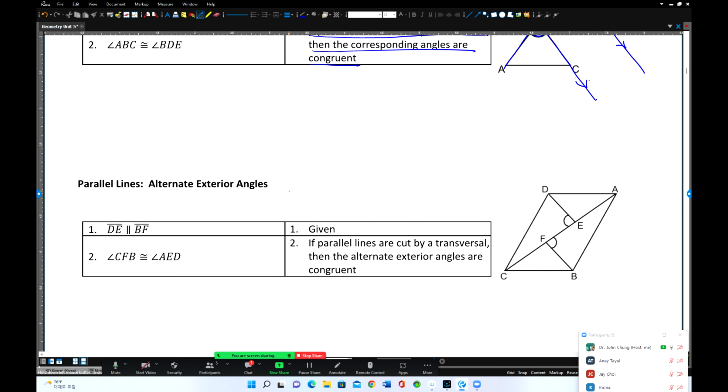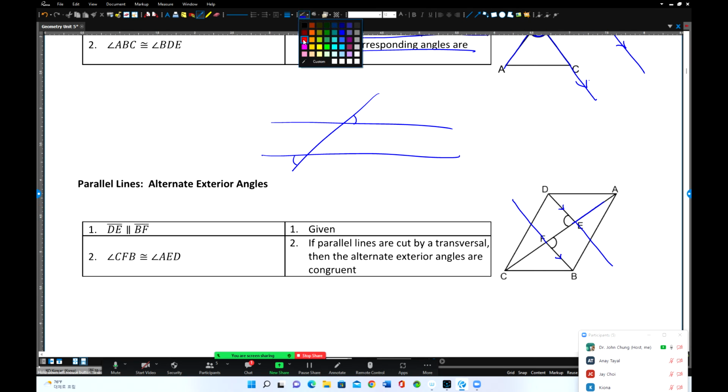The next one is the alternate exterior angles. We already did that. Opposite sides, that is alternate exterior angle, outside the parallel lines. DE and FB are parallel. We can expand this one. This is the transversal. I'm going to use different colors over here.